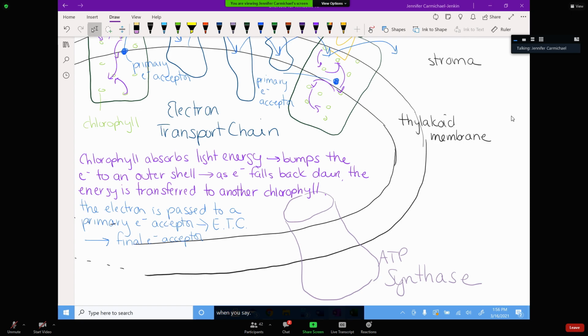When you think electron transport chain, just as we did with cellular respiration, pooling of electrons through those molecules means they're gaining energy. And what do the cytochromes that make up that electron transport chain do with that energy? What comes next?